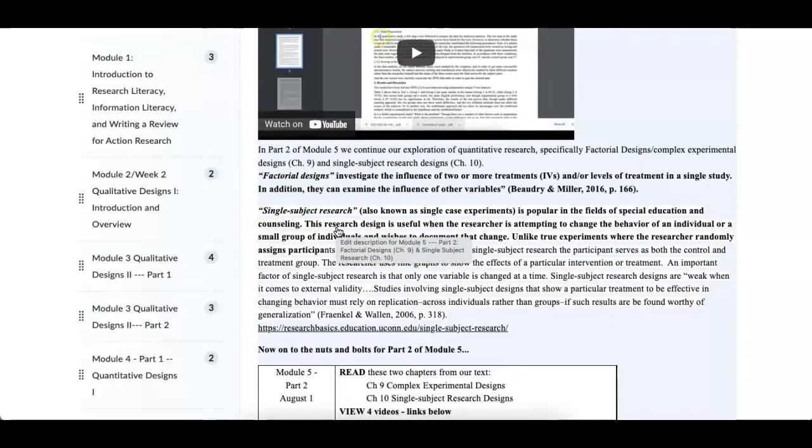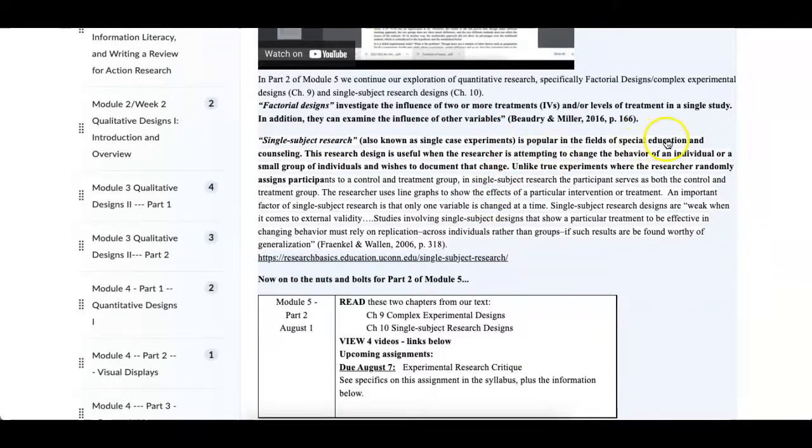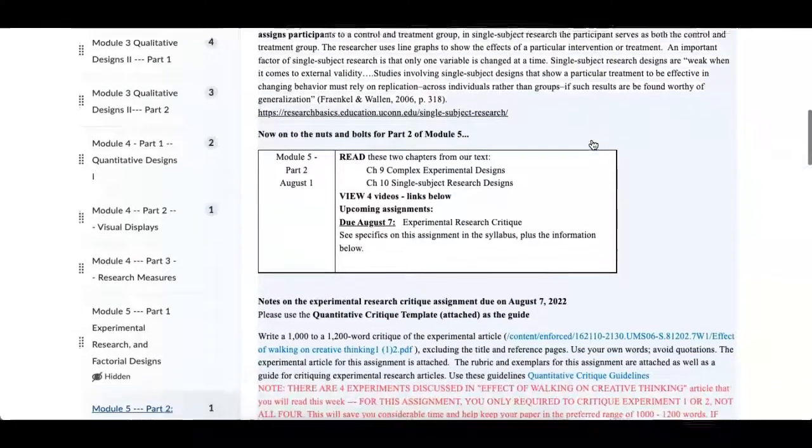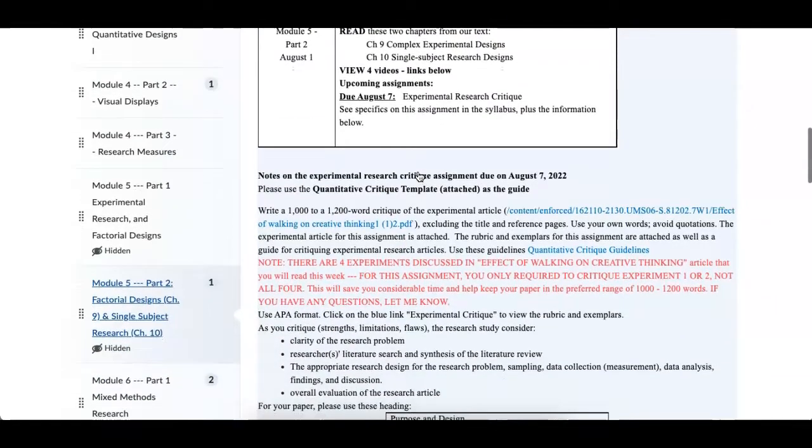I think we have a few people in the class that are very familiar with single subject research or single case experiments, as it's popular in the fields of special education and counseling. So there's certain things to do. Read chapters 9, 10. I have 4 videos. I apologize if that's too much for it, but you can be selective. You don't have to look at all of them.